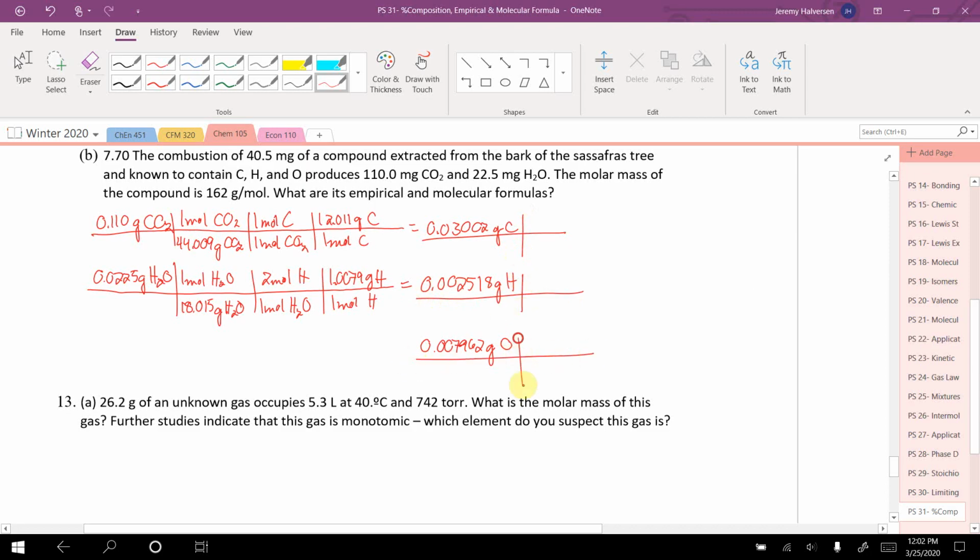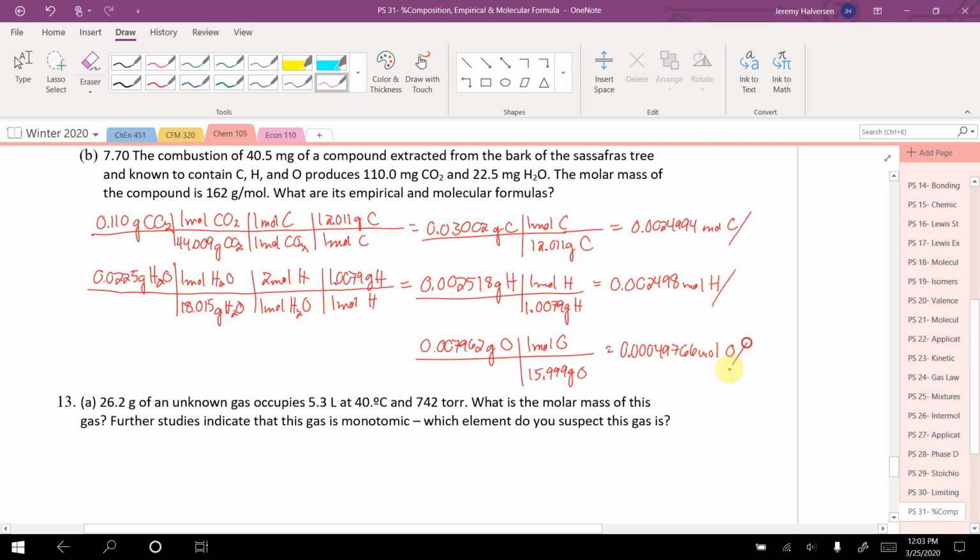Now I have grams, I want to go to moles. Carbon, moles hydrogen, moles oxygen, divide by my smallest, which is my oxygen.